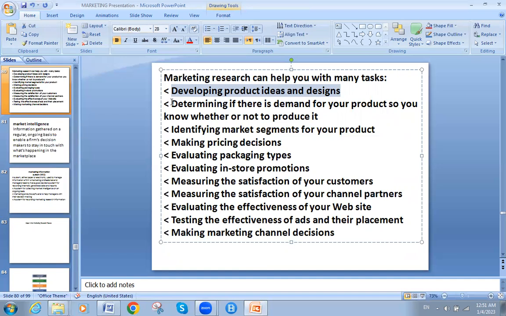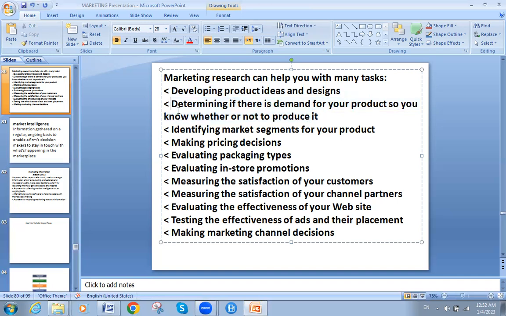So in all cases, we are always trying to get information about the product, whether it lacks one of the consumer's needs, and what the product needs for improvement.